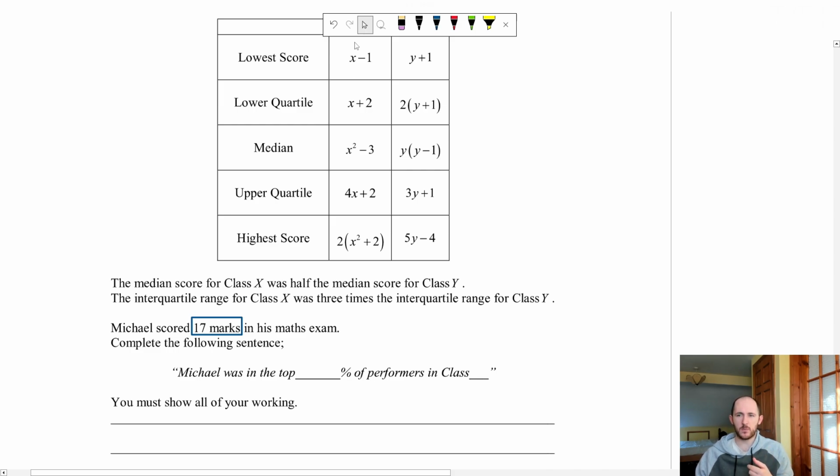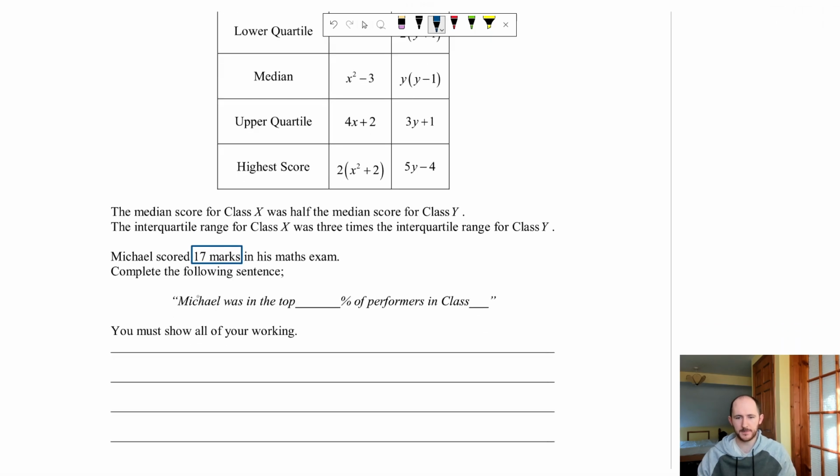So in other words, we need to work out what X is and what Y is. So how can we do that? Well, using the information they gave us. The first sentence, let's label this. The median score for X was half the median score for Y. So in other words, class Y has double the median of X. So if we write the median, we have Y minus 1 equals double, because remember, class X was half as big, so in other words, double.